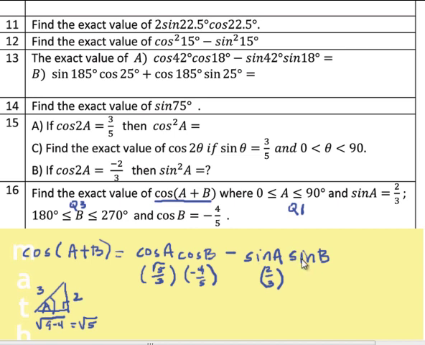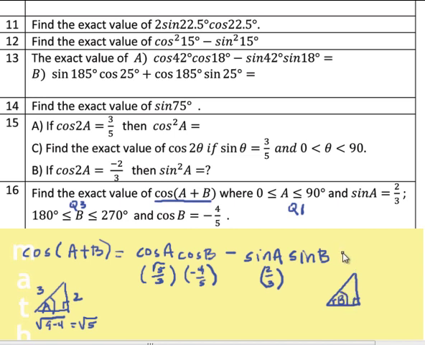And now we want to look at B. We want sine B. So we'll draw another little triangle for B. Let me do it over here. And I'm going to put reference B, RB, because B is in quadrant 3.